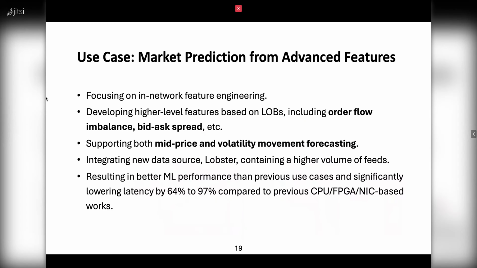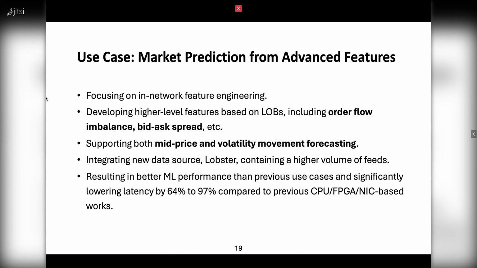So after this work, we also explored, in a further extension work, how we can use more advanced features. In LOBBING, we just use the volumes, the price levels, and the bid-ask spread, these kinds of features, to aid our decision making in machine learning models.